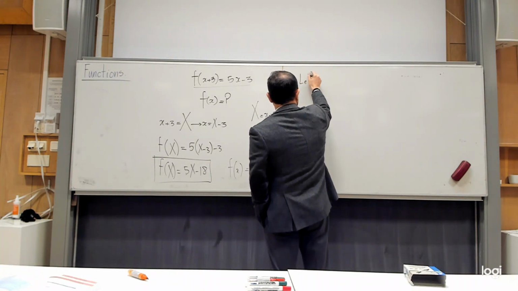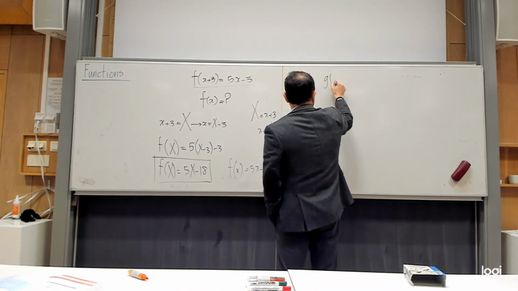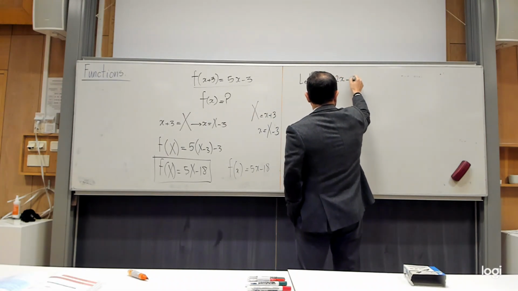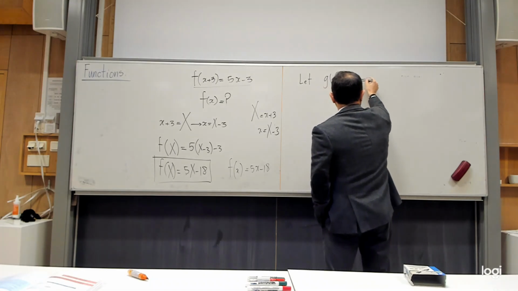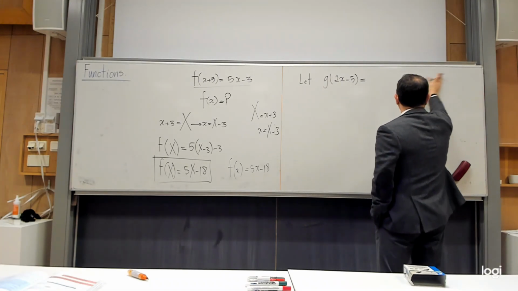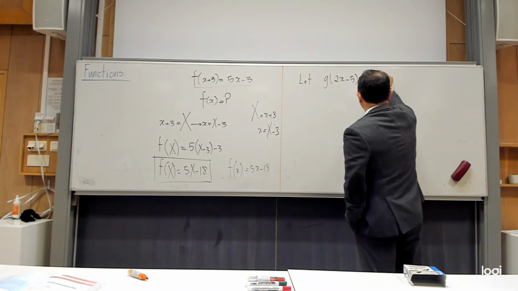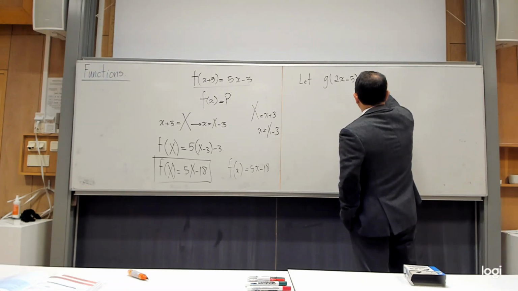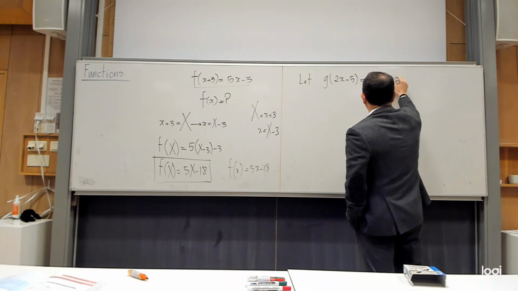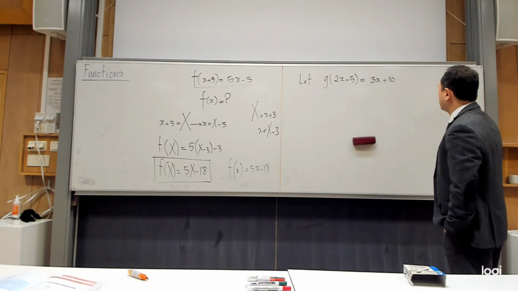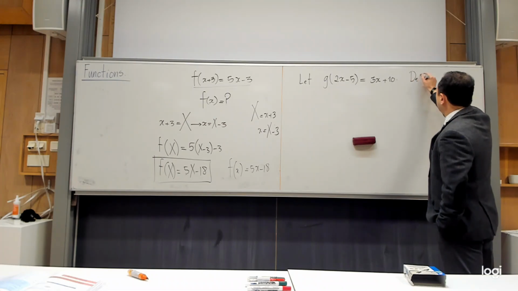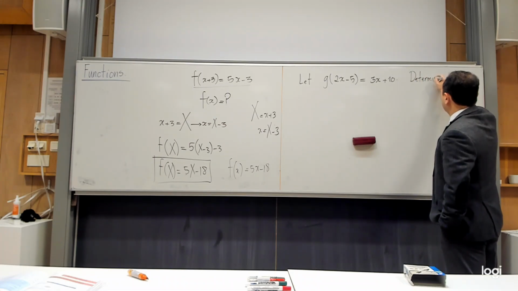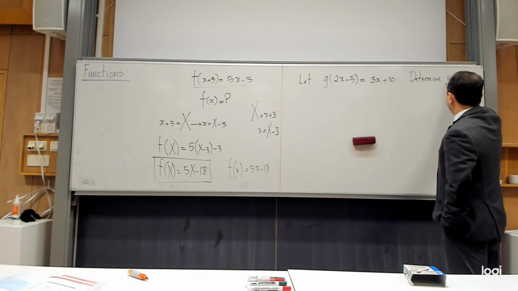Let g of 2x minus 5 be equal to, let me avoid divisions, maybe it's confusing, 3x plus 10. Determine g of x.